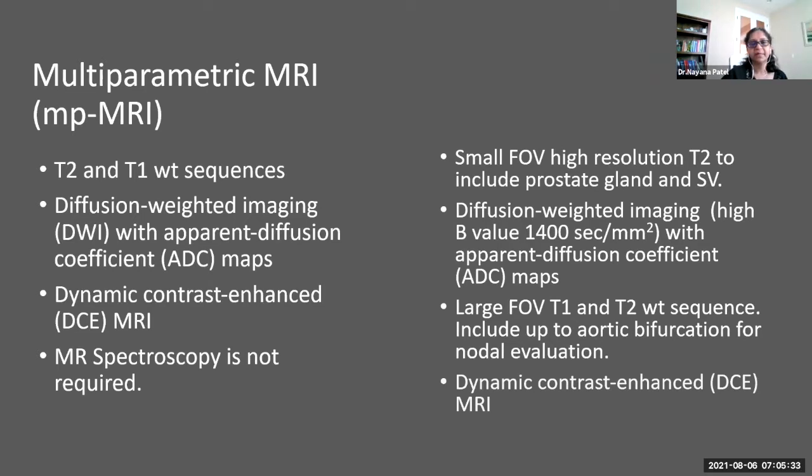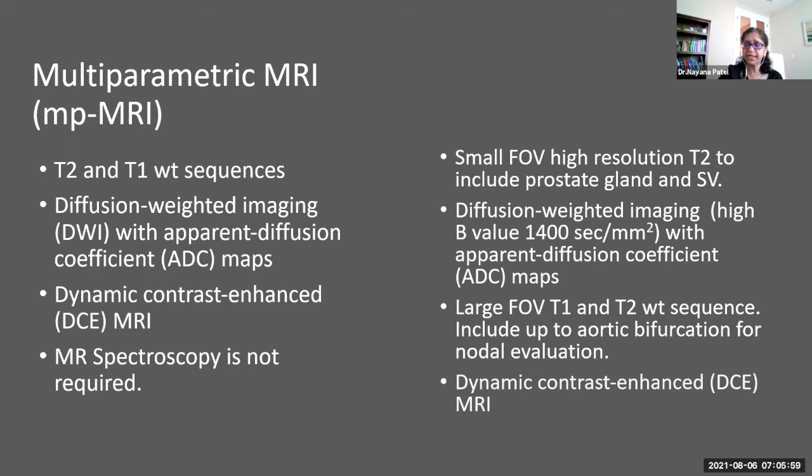The standard multiparametric MRI protocol includes small field of view, high resolution T2 weighted images that include the prostate gland and seminal vesicles. It has diffusion weighted images with ADC mapping. The diffusion weighted images should include a high B value greater than or equal to 1400.